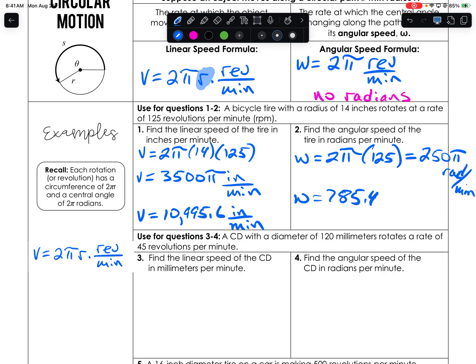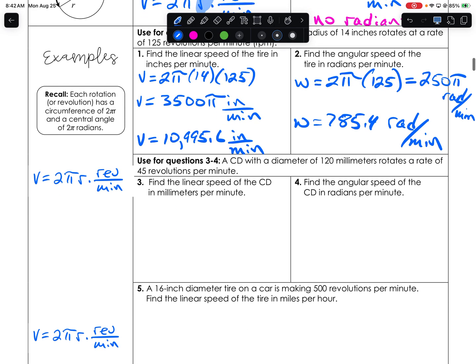Question? So try 3 and 4 right below. I copied that formula down, right? Are you going to get this formula on your test? No, you're not.